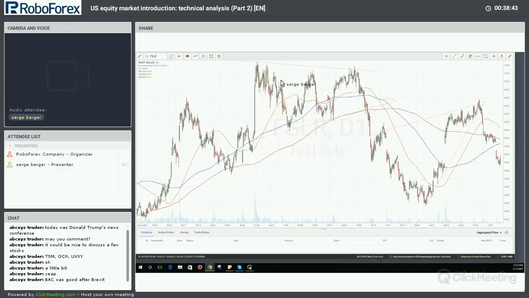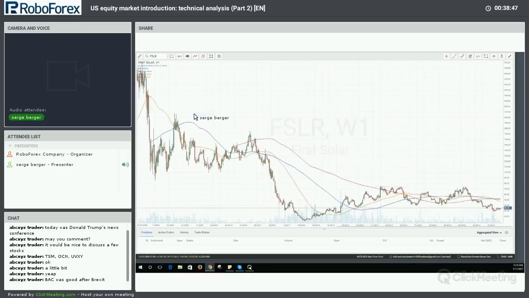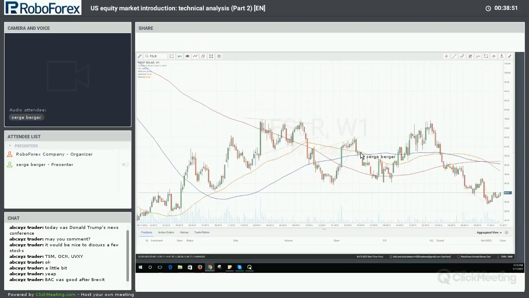So the drawing lines part is an important analysis part, in my opinion, that any technical trader, particularly in U.S. stocks, needs to do every single day or every single week, depending on what time frame you operate in. And you can see there's a clear breakdown here on the weekly basis.